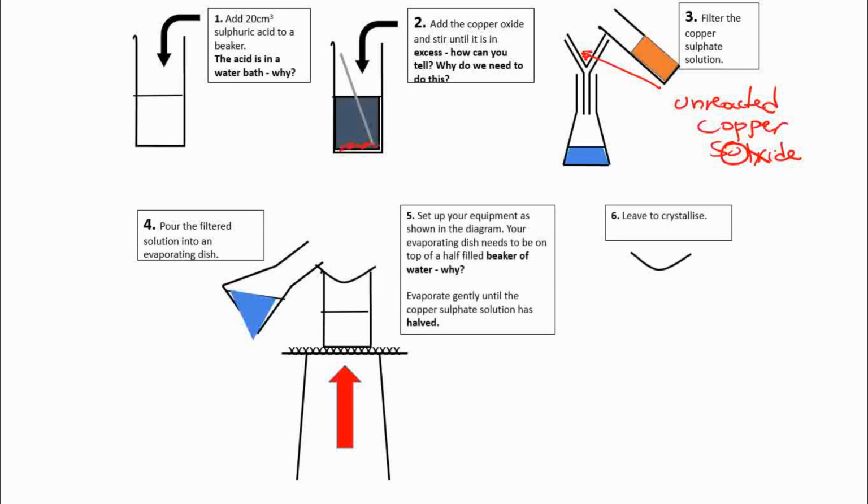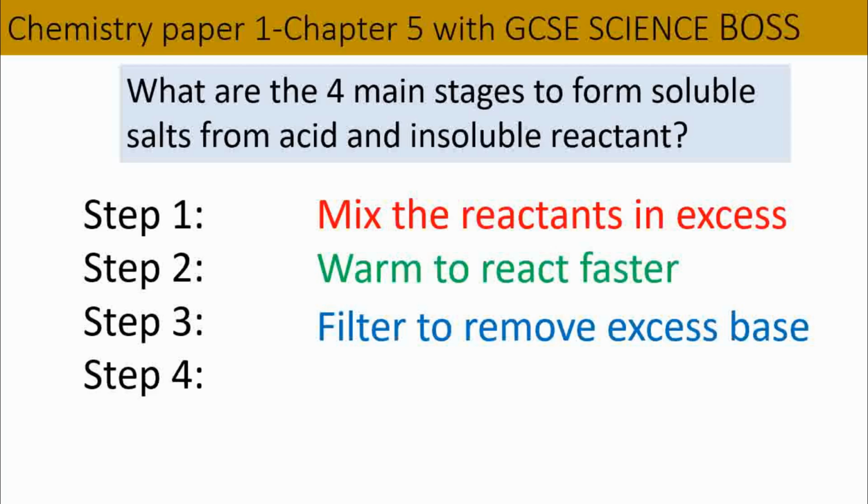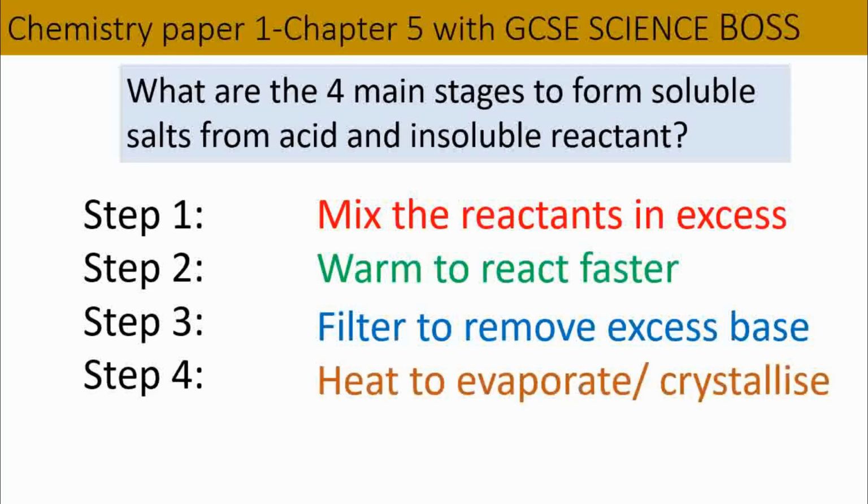All right, you leave it to crystallize, and then you can dry with a paper towel or put it in an oven to dry. Okay, so remember your key steps are: step one, you mix the reactants in excess, you warm so that it reacts faster, you filter to remove the excess base, and you heat to evaporate or crystallize.